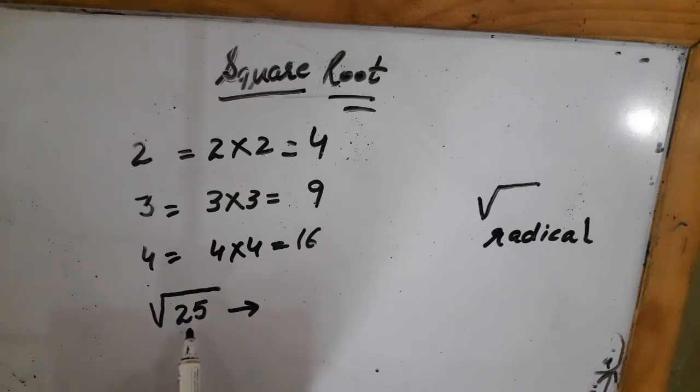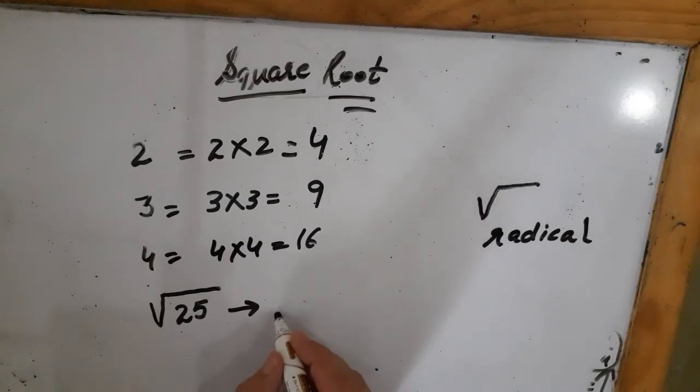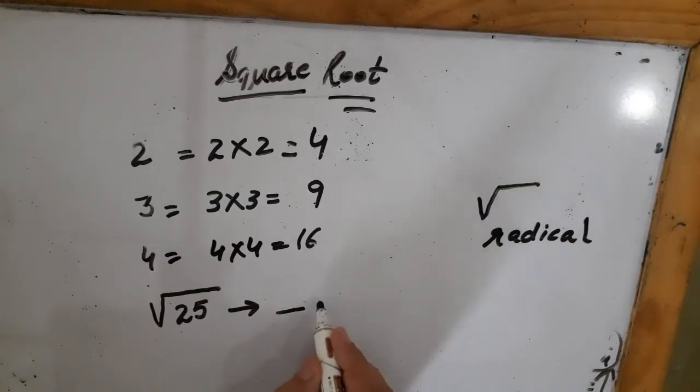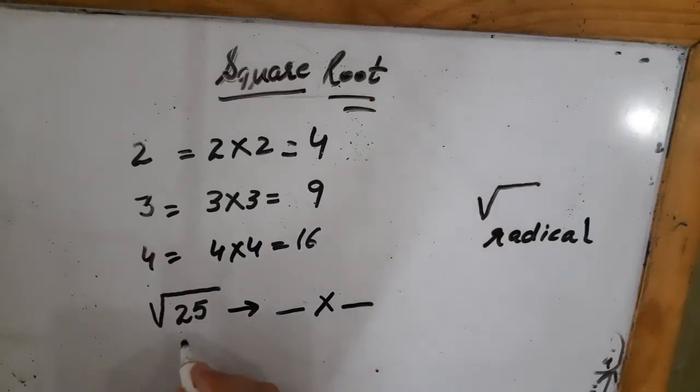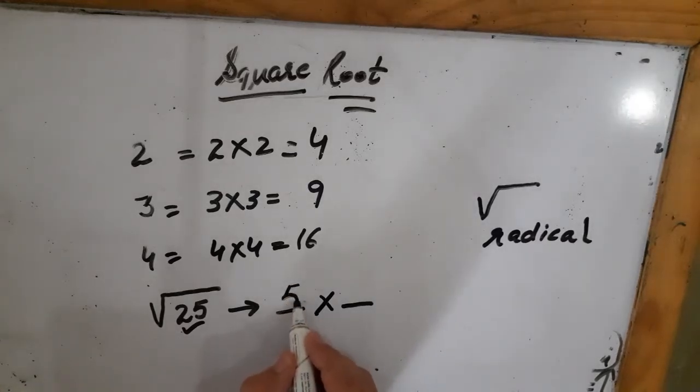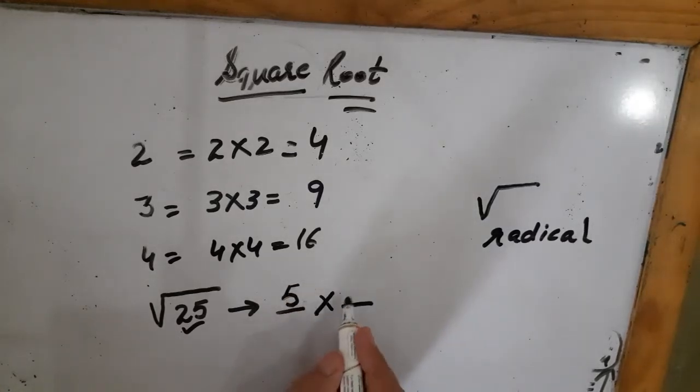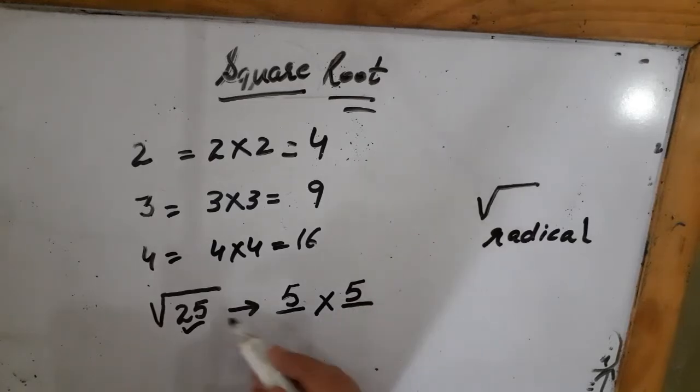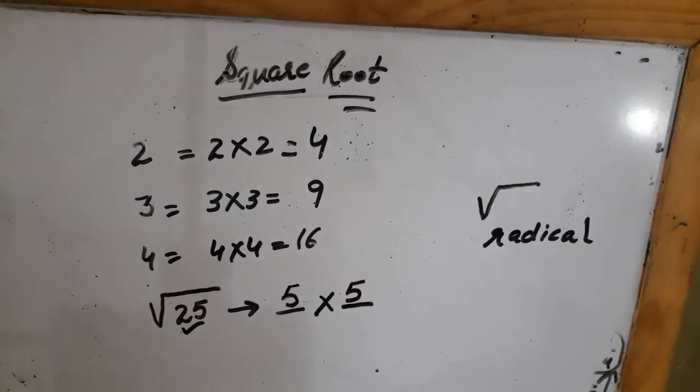Can you think which number that is? That number is 5. If I multiply 5 with 5, I will get 25.